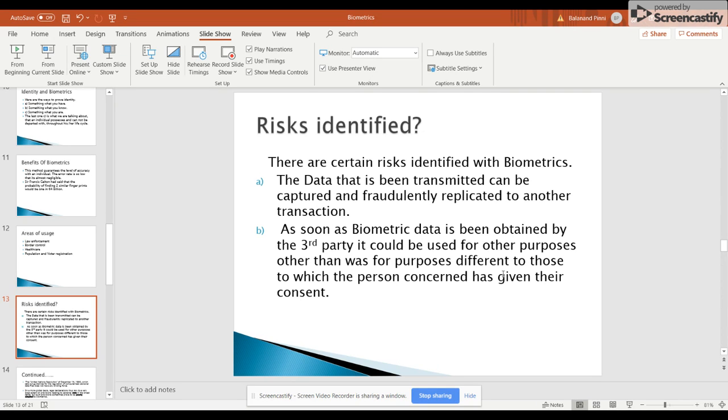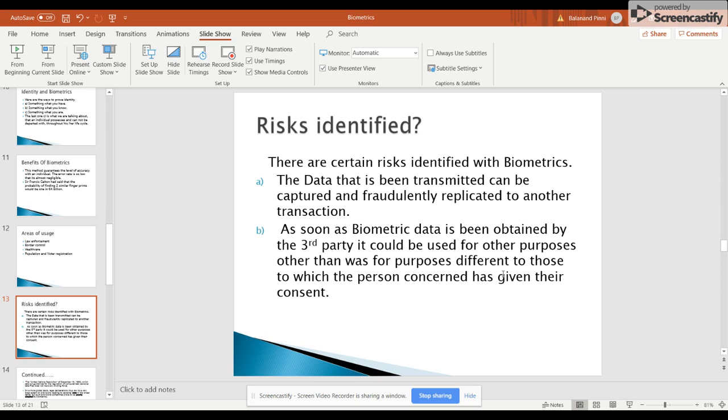The risks that are identified: the data that's being transmitted can be captured and can be fraudulently replicated. So the data that's getting transmitted, you can take it and transmit it fraudulently, and they can replicate the whole data. And if you are giving it to a third party, they can use it for some other purpose than what it is given for, as per the consent of the person or from the attorney general.